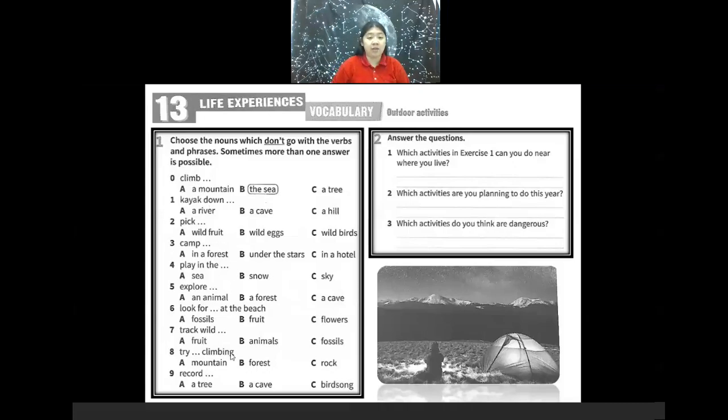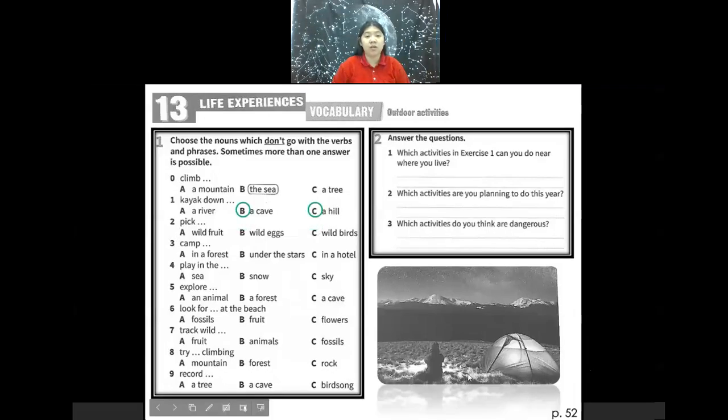Next one, kayak down. We know a kayak is like a small boat. You need something with water. So definitely you can't kayak down a cave or kayak down a hill. These two are generally dry and rocky. Next one, pick. Can you pick wild fruit or wild eggs or wild birds? Definitely not wild eggs and wild birds.